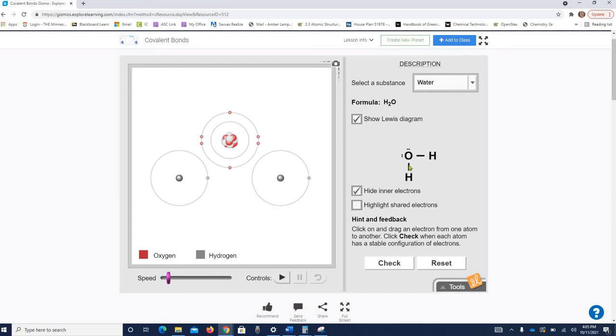And when you notice the word pair, that means there's 2. So each line represents a pair or 2 shared electrons. So I have 2 shared here and 2 shared here. And then I have dots on the outside of oxygen. Those dots represent unshared pairs of electrons, which means they are not part of a bond. They're just part of oxygen.